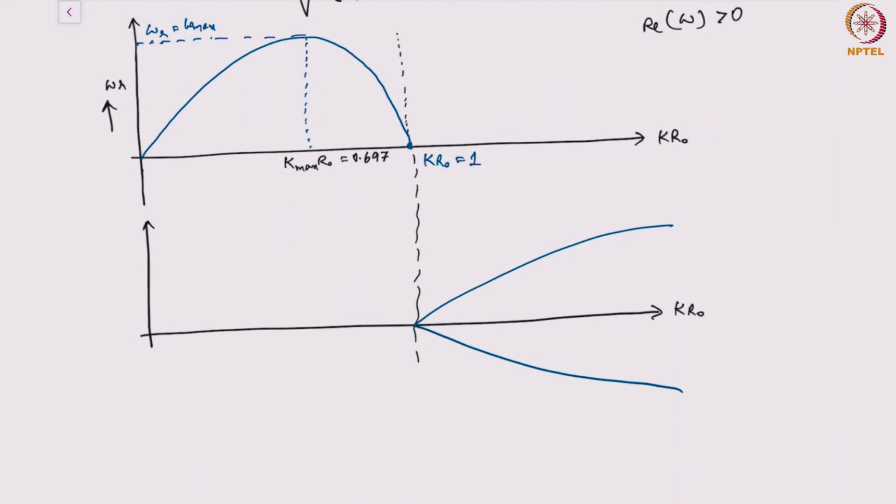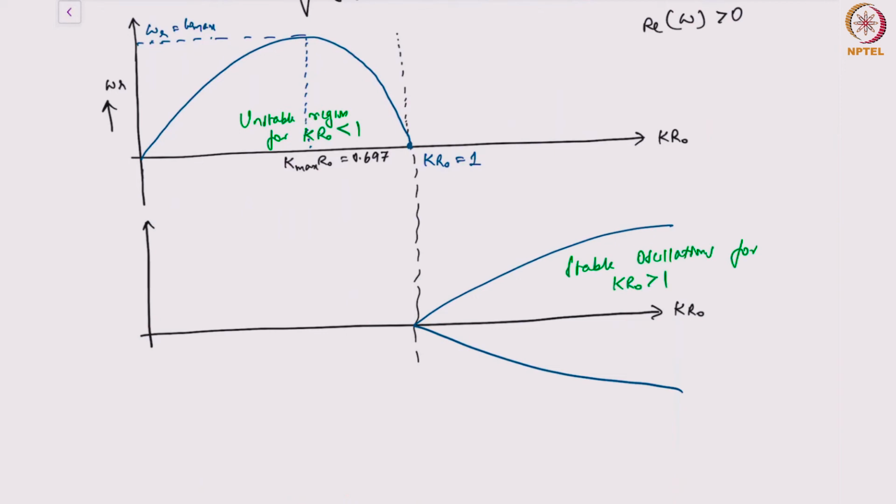So for k r naught less than 1, you have an unstable region. For k r naught greater than 1, you have stable oscillations.